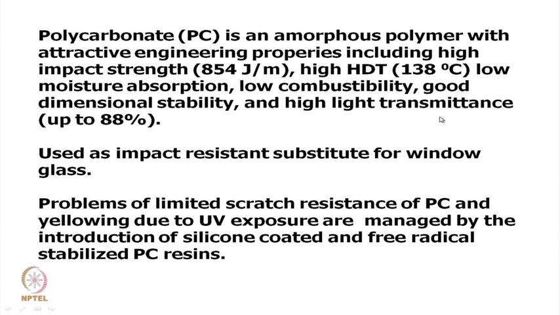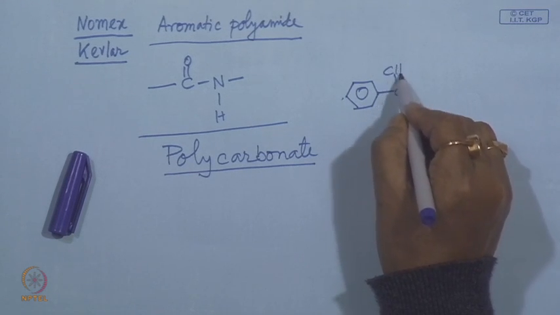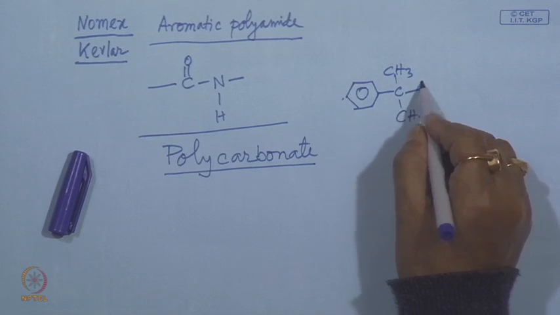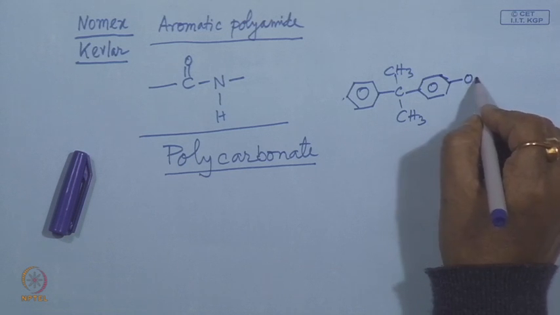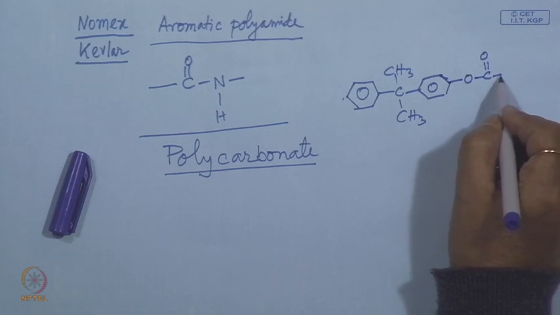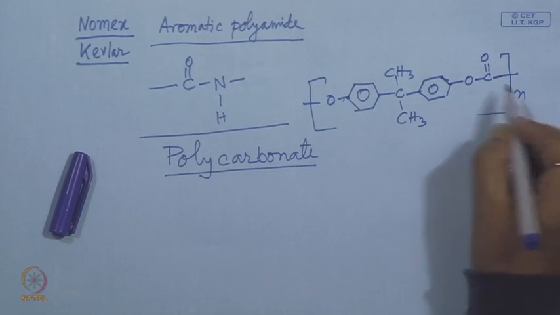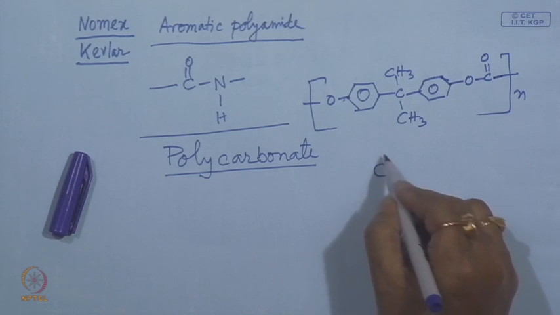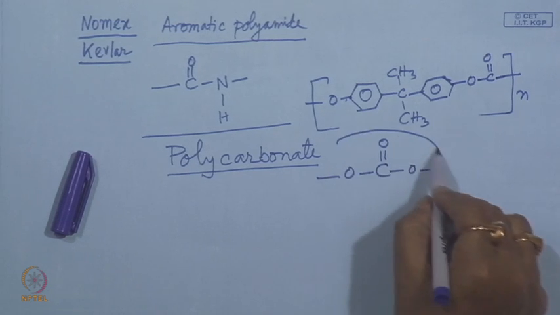Now, this polycarbonate is an engineering plastic because of the presence of phenyl rings in the polymer chain and high polarity due to the presence of the oxygen linkage, this carbonate functional group in the polymer chain.